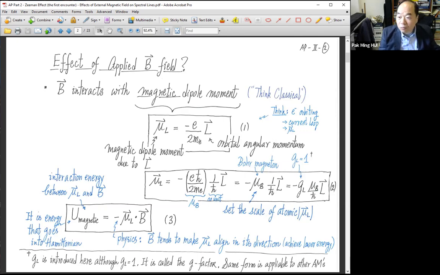Then I look into your Griffiths textbook, electrodynamics. In the presence of an external B field, the interaction energy is minus mu dot B, okay? So this is a magnetic interaction energy that works as a potential energy term that will go into the Hamiltonian, and thereby you have a perturbation term.